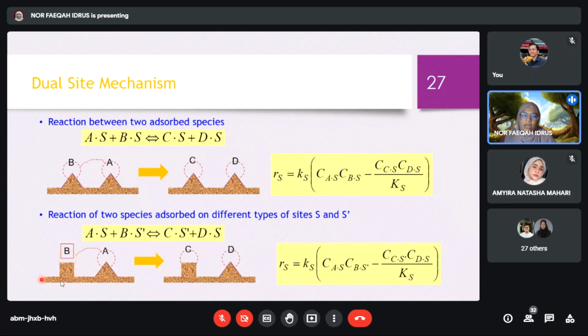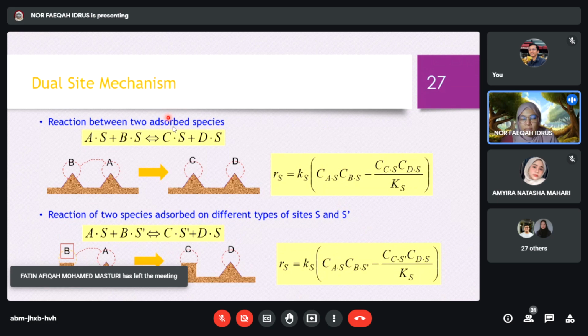So triangle and rectangle. So ini pun we call it as a dual site mechanism. Tapi still untuk two adsorbed species, so automatically it is dual site mechanism. The difference is only the shape of catalyst. So to differentiate the shape of catalyst, that's why kita letak tanda apostrophe dekat situ. Okay, tapi dia punya konsep still the same with two adsorbed species.